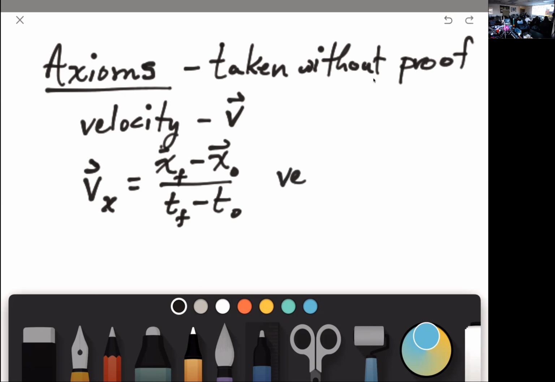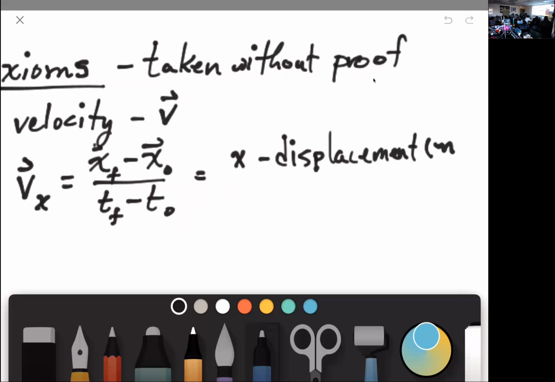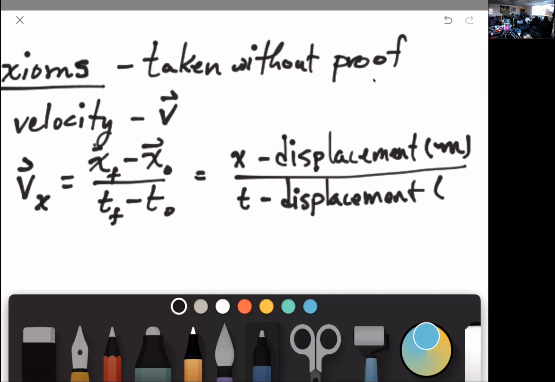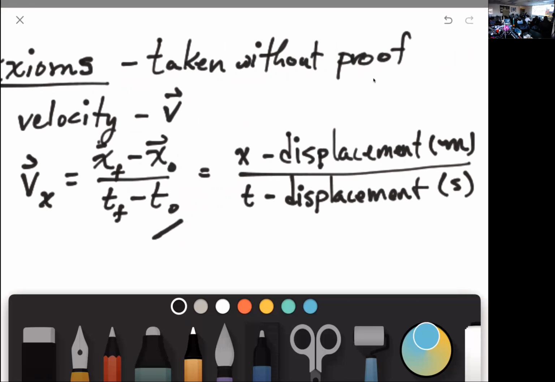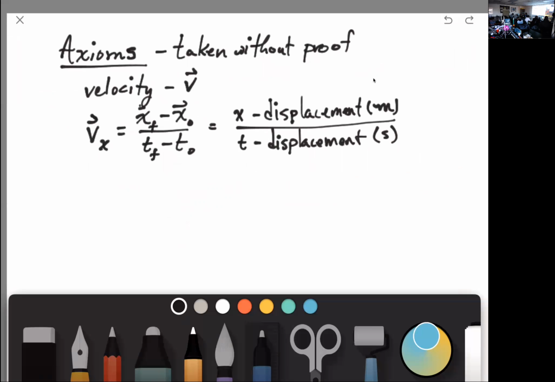That's what I'm trying to say. All right, so that's equation number one.